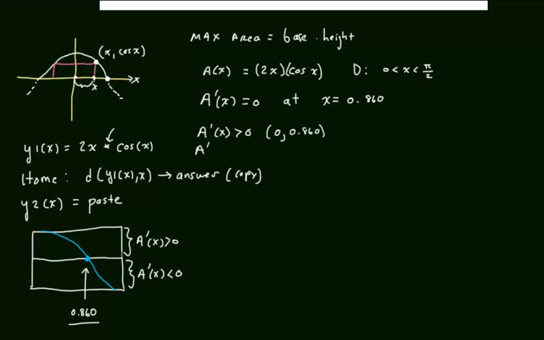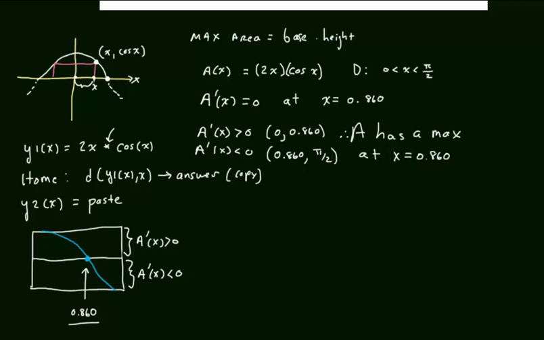A prime of x is less than 0 on the open interval 0.860 to pi over 2. And since it's greater than 0 to the left always, and less than 0 to the right always, A has an absolute max at x equals 0.860. And I'll throw in the therefore.